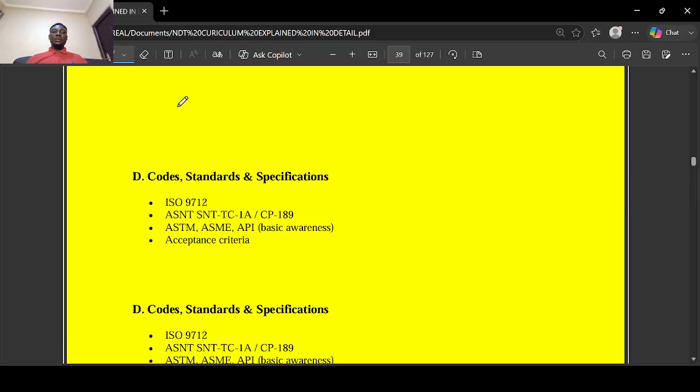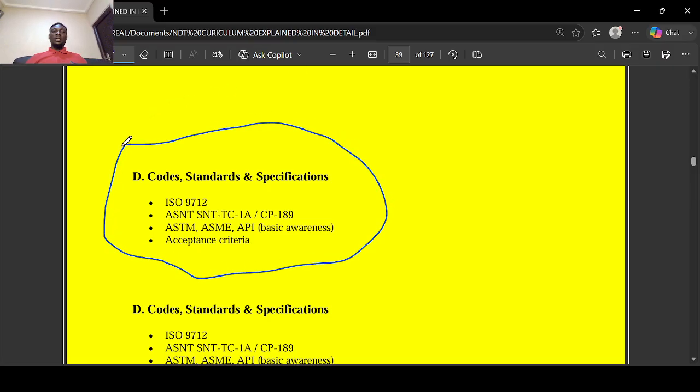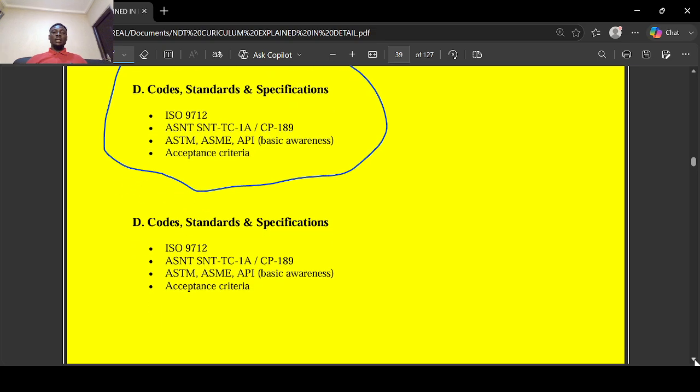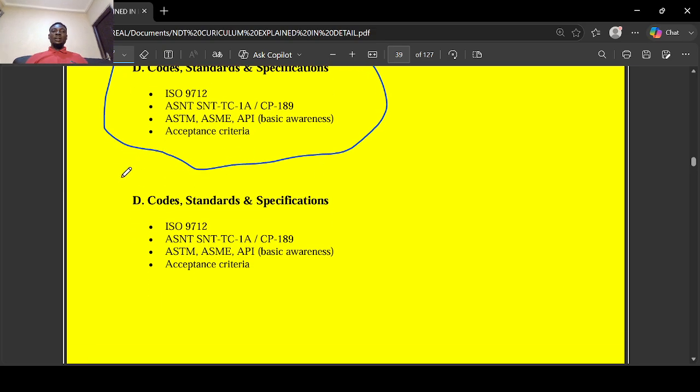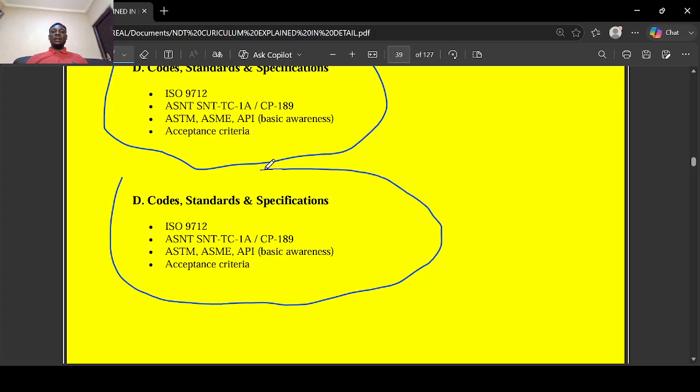Code and standard specifications: you judge with the standard before you accept or reject anything.